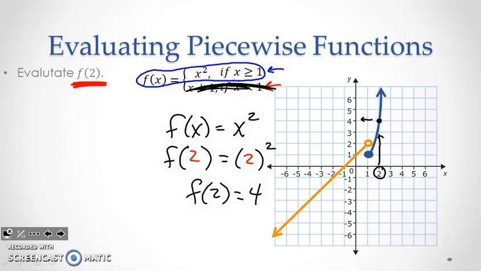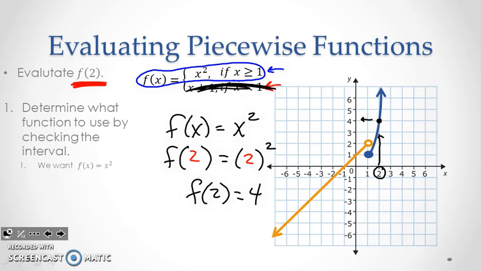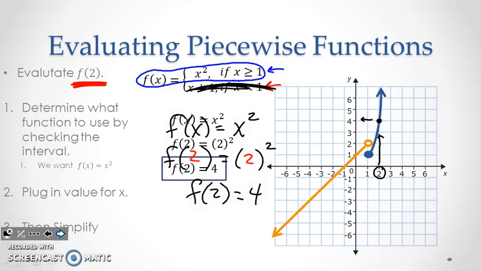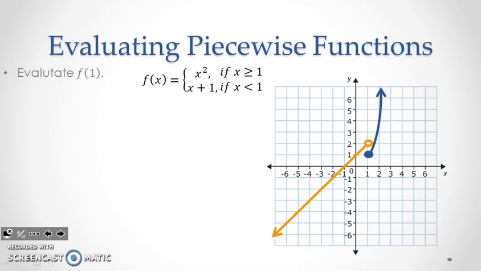Let's try another, because this last one is going to be tricky. Now I've got f of 1, so my x value is 1. Which one does 1 fit in? Is 1 greater than or equal to 1, or is 1 less than 1? It's greater than or equal to, because it equals 1.